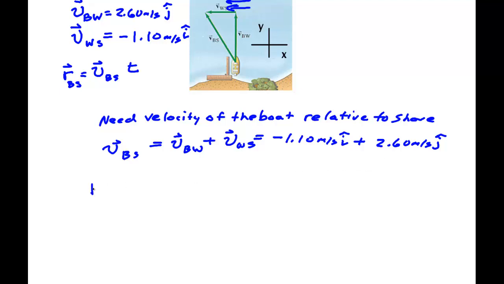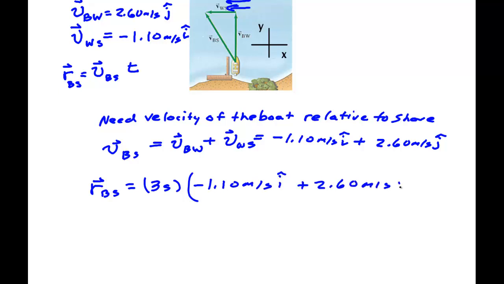So now RBS is equal to 3 seconds times minus 1.10 meters per second I-hat plus 2.60 meters per second j-hat.